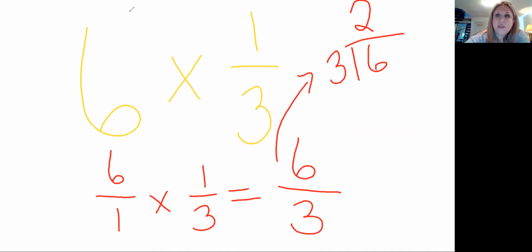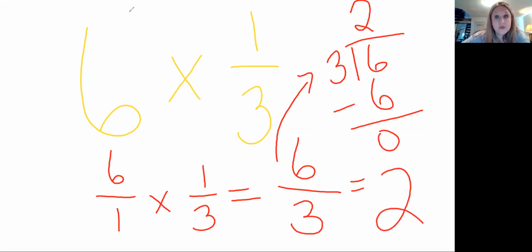Excellent, because 2 times 3 equals 6. Beautiful. So 6/3 equals 2 wholes. So yes, multiplication, it's true.